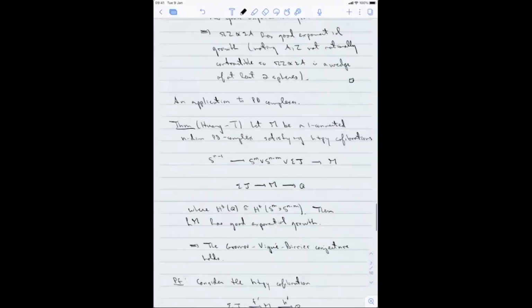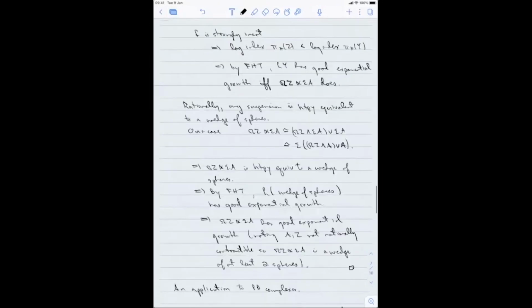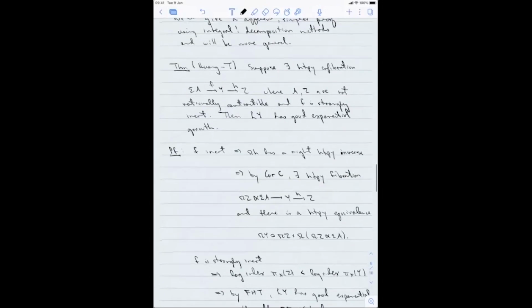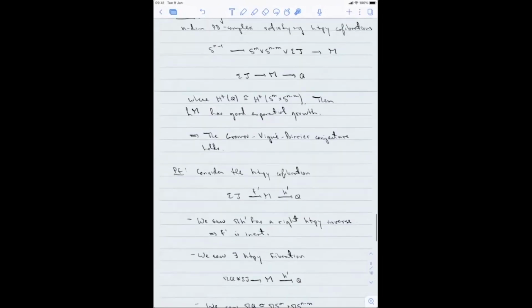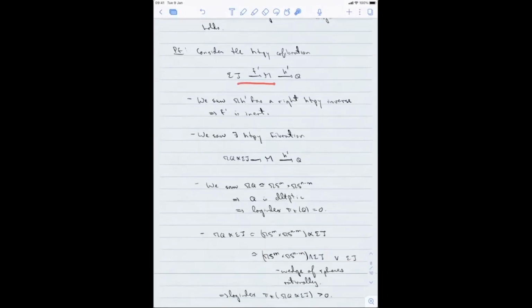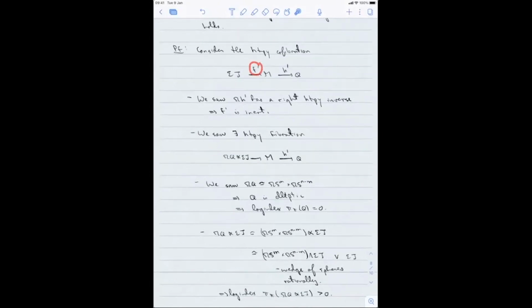Right, so the previous theorem said, if you have a homotopy cofibration and the attaching map for the map F is strongly inert, then the free loop space of the middle space has good exponential growth. So here's our cofibration. We know that our attaching map is strongly inert.